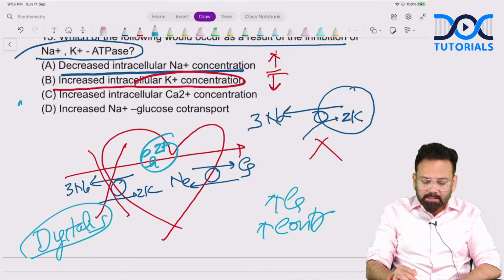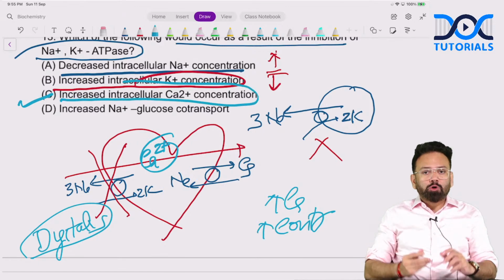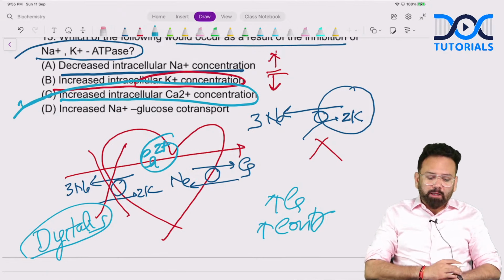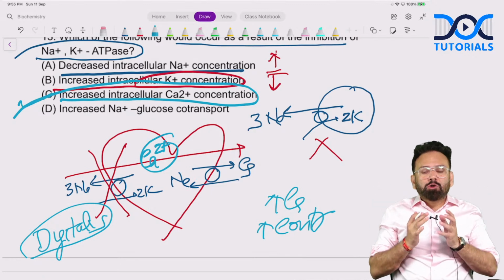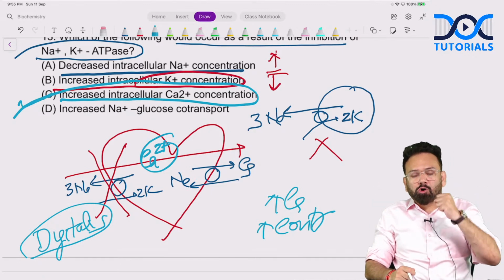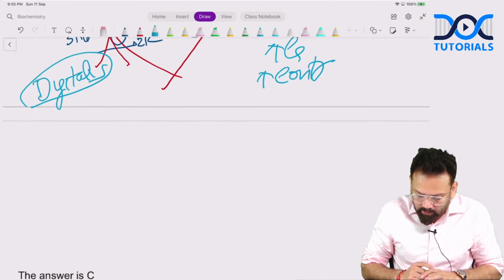So the answer is C, increase intracellular calcium concentration. You must know that digitalis blocks the sodium potassium pump and accumulates more calcium, so more contraction, causing inotropy. Okay. Next question.